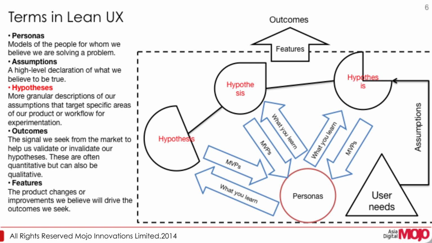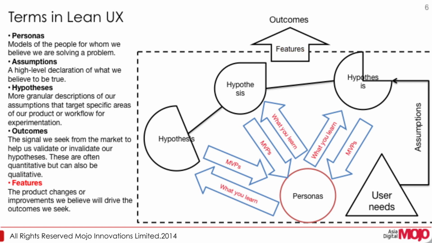There are many hypotheses consisting of assumptions. And then an outcome is a signal we seek from the market to help us validate or invalidate our hypothesis. So an outcome is what we need in order to make something different. In order to achieve the outcomes, we need to define the features in the product, the features we believe will drive the outcome we seek.